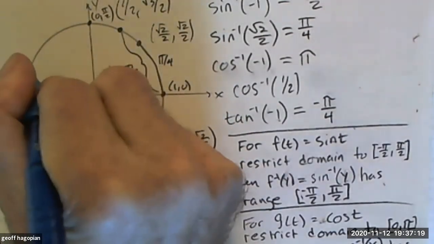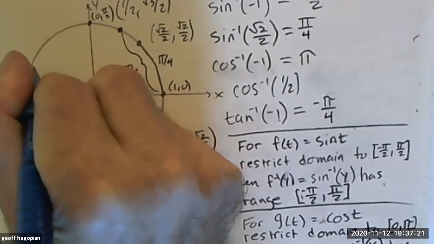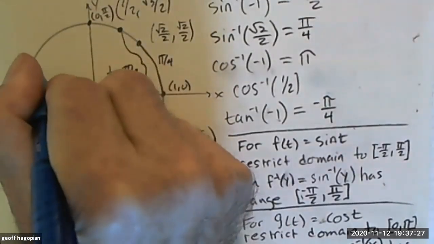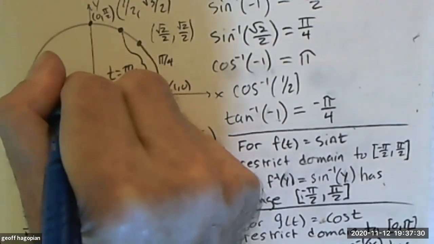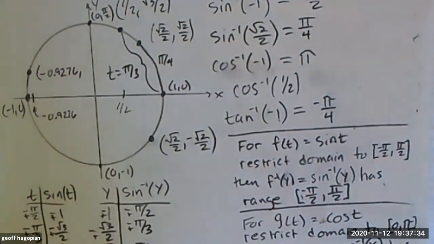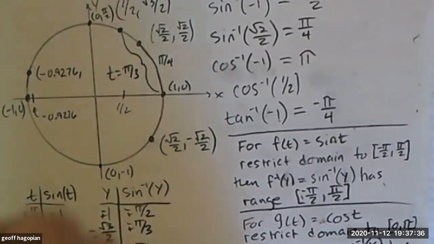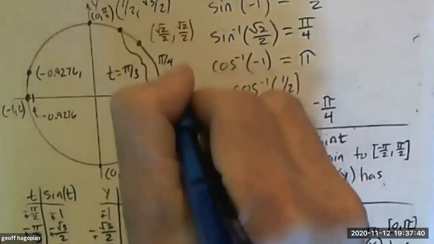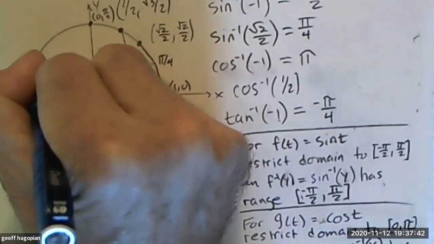And so what are the coordinates here? Well, apparently the x coordinate here is negative 0.9276. What's the y coordinate there? Yeah, we can figure that out, but let's not for now and just say, look, what distance takes us to here?